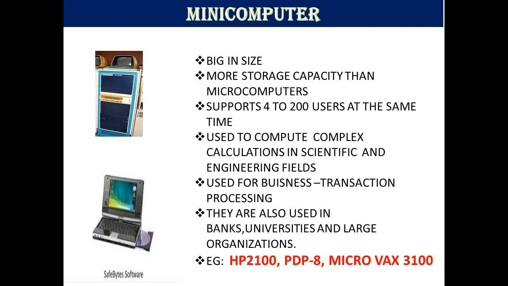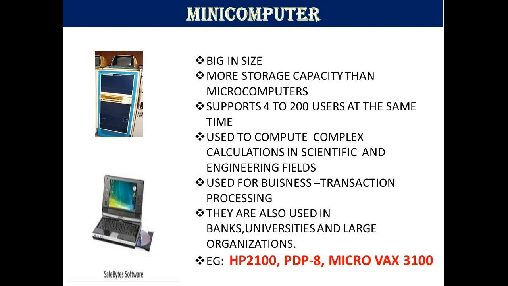Mini computers are bigger in size and have more storage capacity than microcomputers. It supports 4 to 200 users at the same time, and that means between 4 and 200 users can use this computer at the same time. That's a good thing.